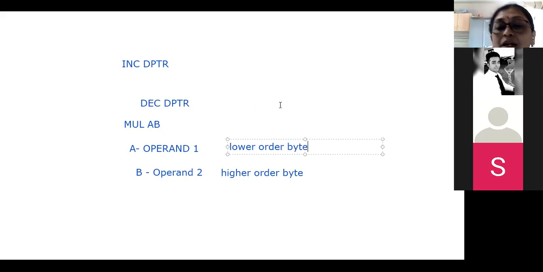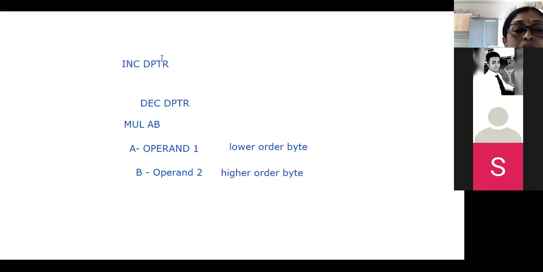That means if you multiply 2 by 2, the result will be 4, and this 4 will be stored in the accumulator. And the higher byte in that case will be 0, which will be stored in the B register. Okay. So if your result is big, then the higher order byte will be stored in register B. Okay. Are you getting the point?